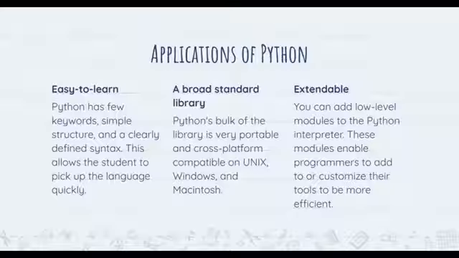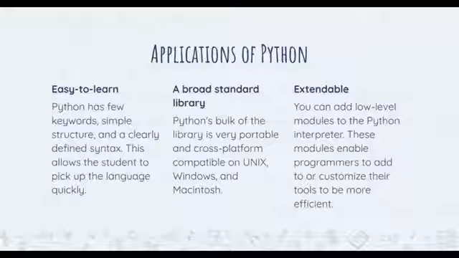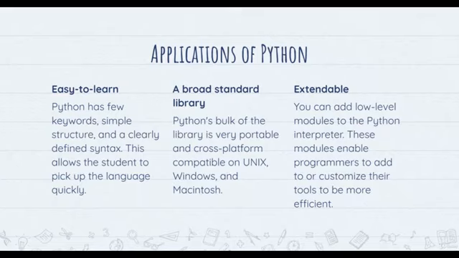So it is also scalable, guys. For example, Python provides a better structure and support for large programs than shell scripting. And it's also interactive when it comes to communication between the language and the system. That means Python has support for an interactive mode which allows interactive testing and debugging of snippets of code.